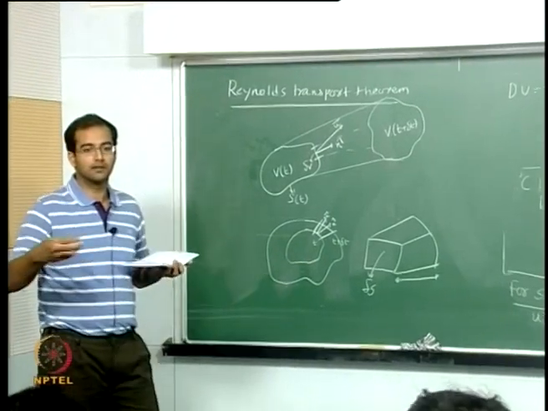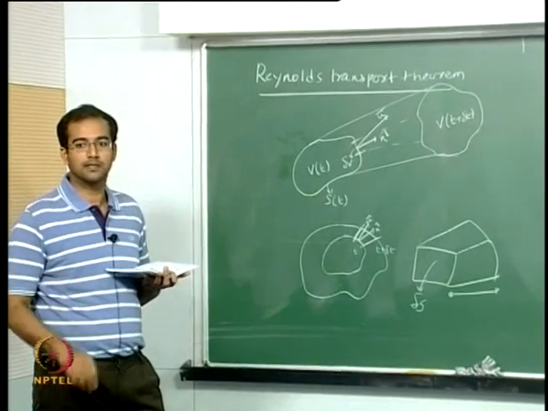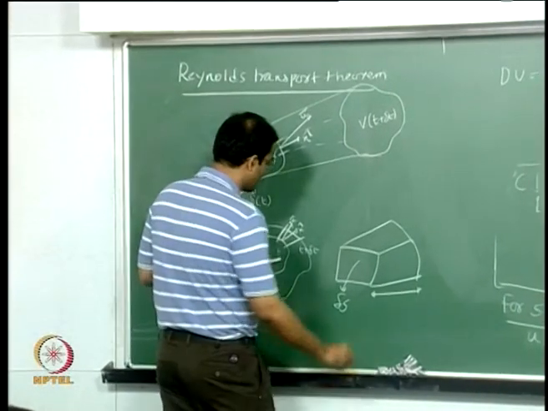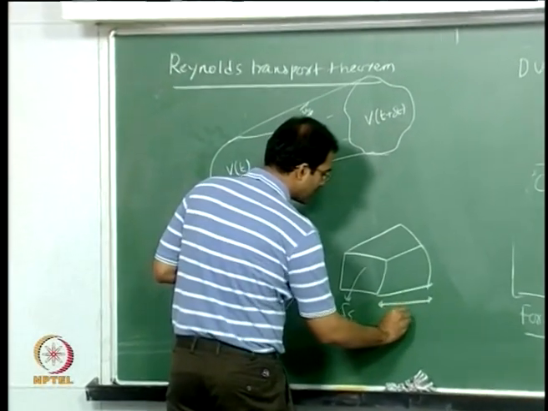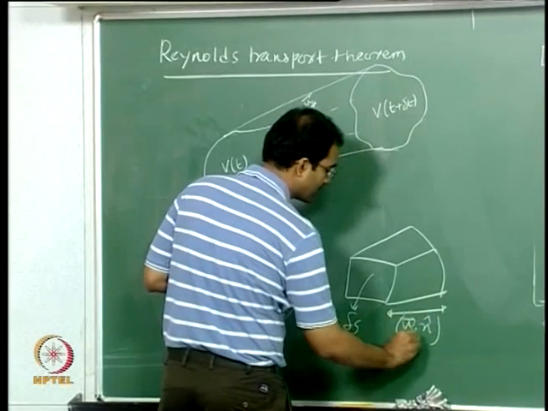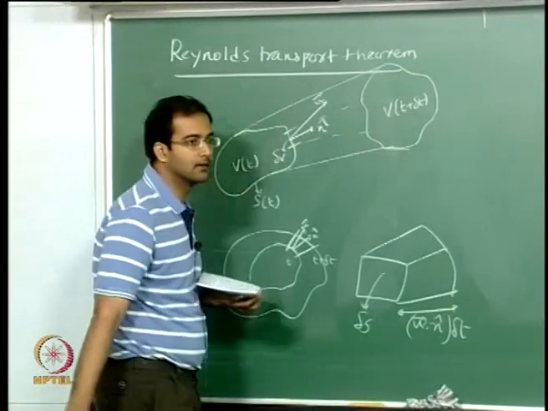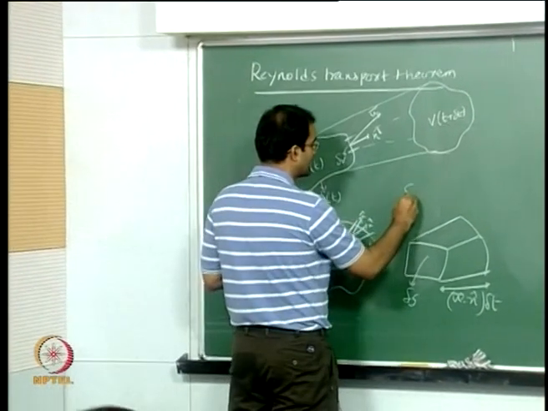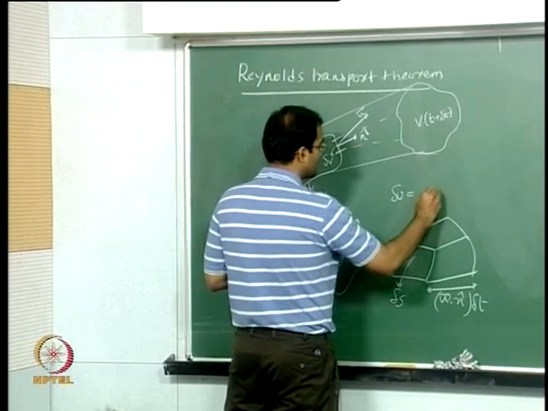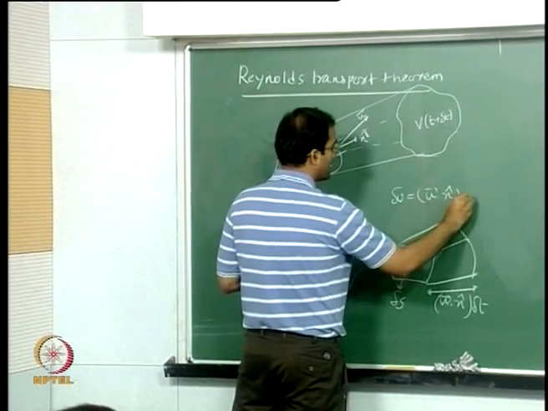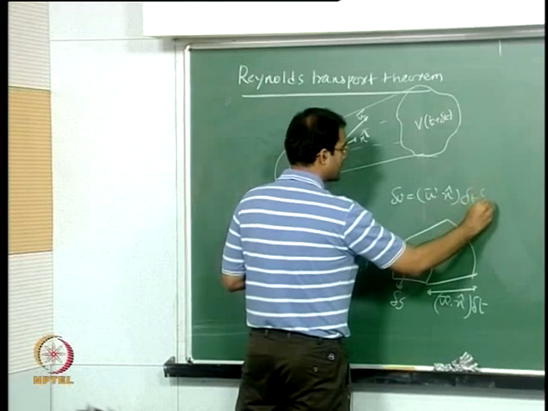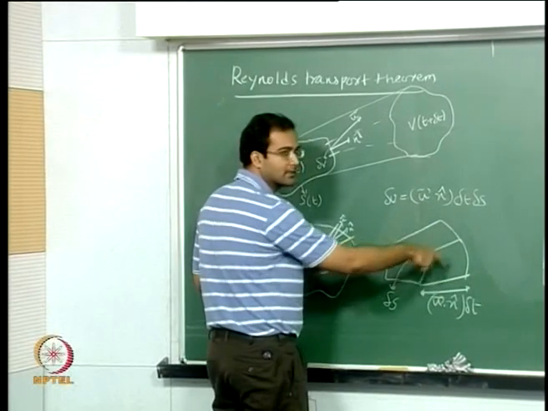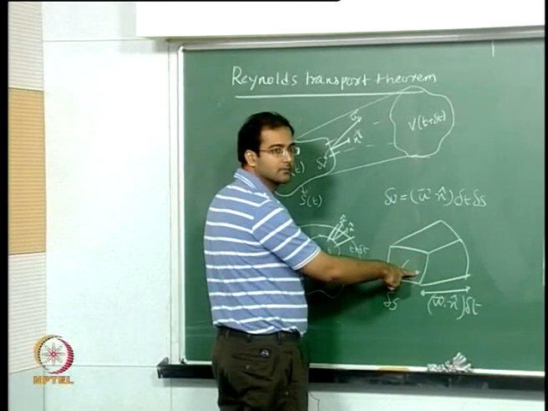That gives you the amount that it has displaced from t to t plus delta t: velocity into time. So my velocity in the direction of normal will be u dot n into delta t. My total deformation of this delta V is going to be u dot n dt into dS. This is the total deformation of this differential volume, correct.